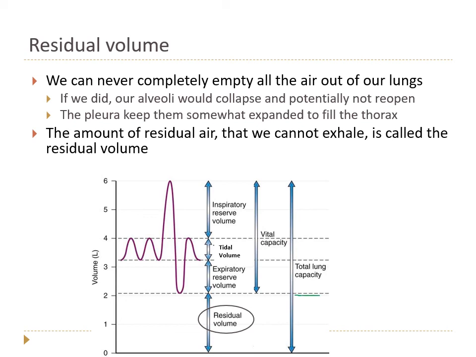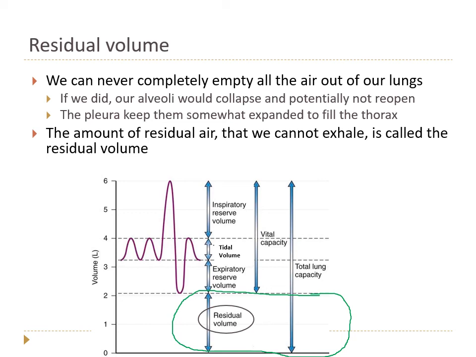So generally you have about 1 to 2 liters' worth of air that you cannot exhale. It must always stay in your lungs. And the reason is because we can't allow our alveoli to collapse and completely shut. We always have to have them be a little bit full of air because these are thin little membranes that are moist because they're part of the inner body, right?